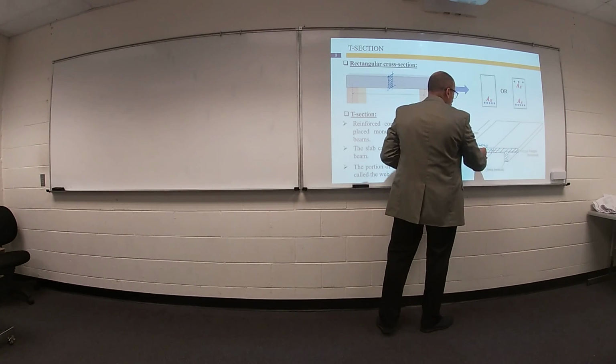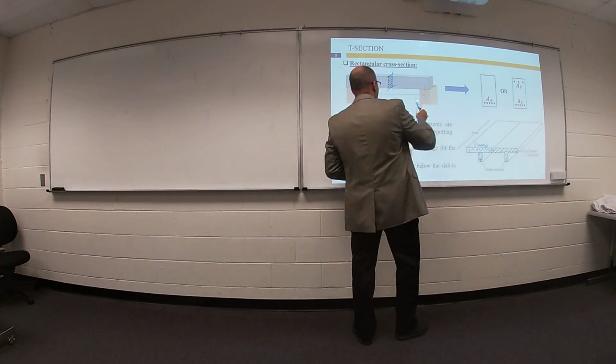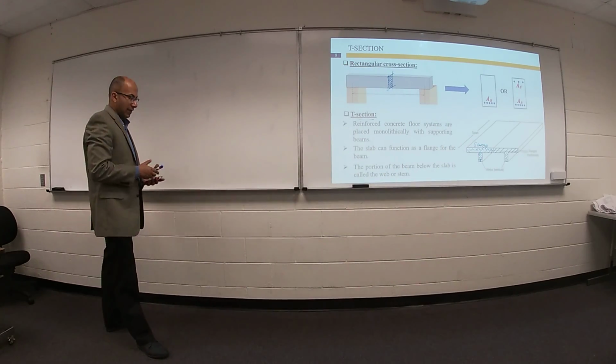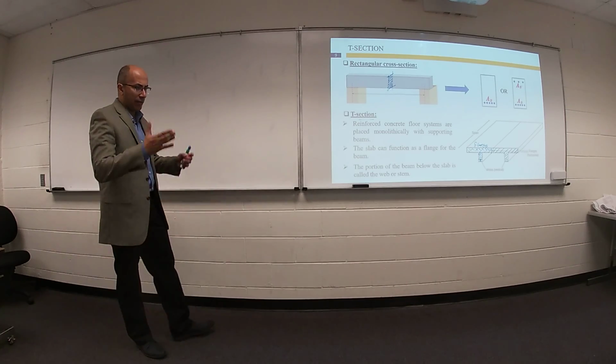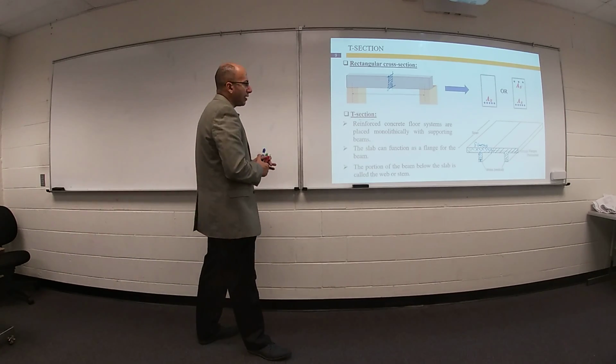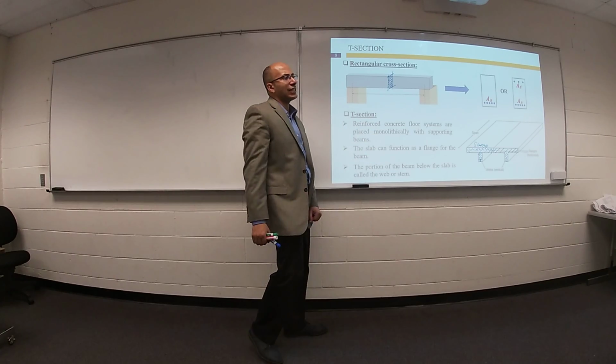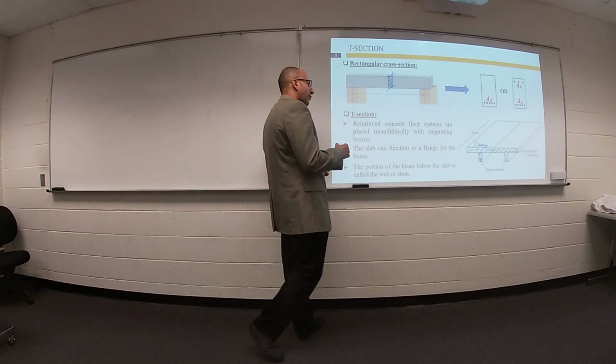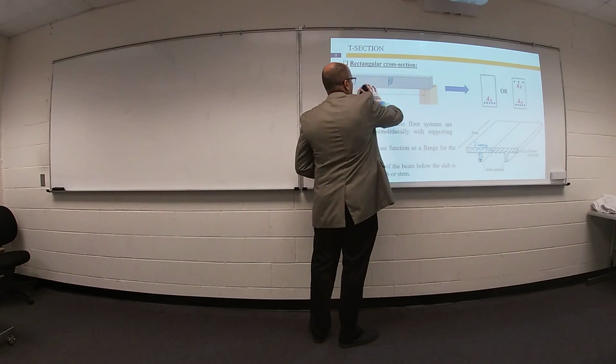And the total cross section is called T section. So if we have a concrete slab with a beam, both of them together are called a T section, not a rectangular section. So we need to understand how we can design T sections.